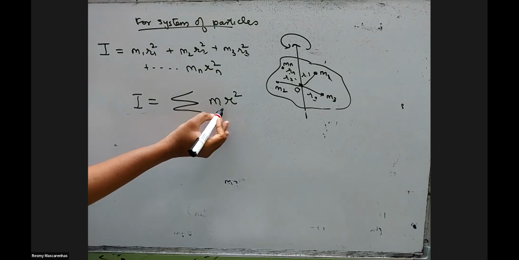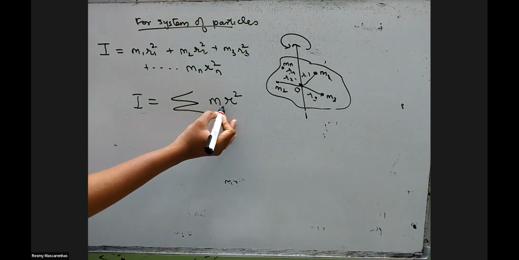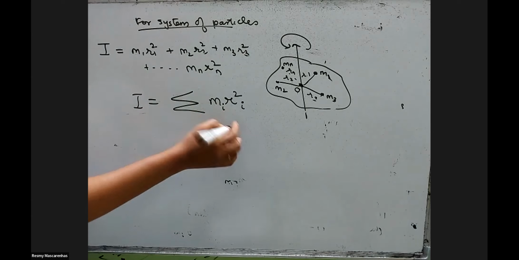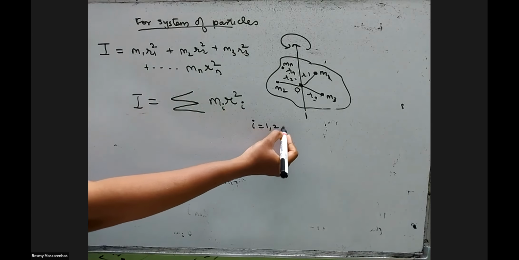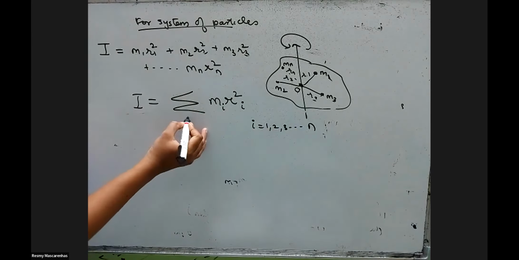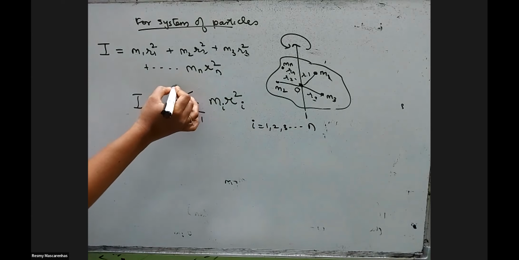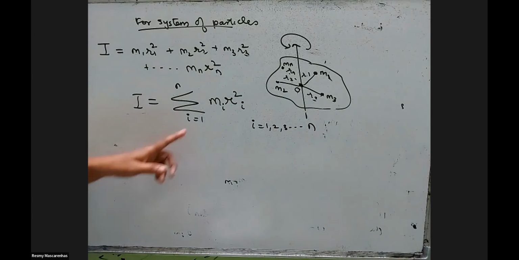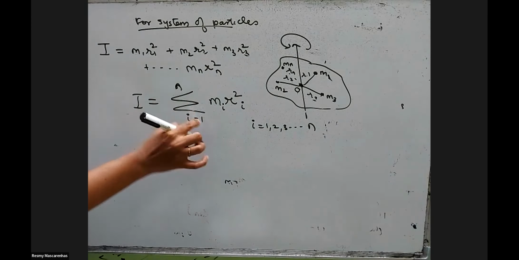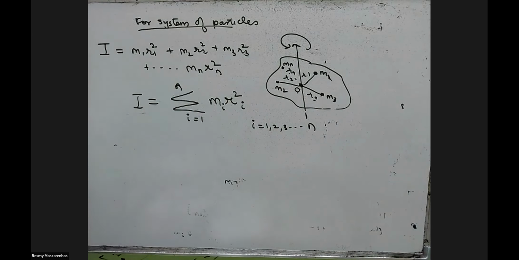So we generalize it with some letter i, because i will go from 1, 2, 3, up till n. i is going from 1 to n. Either you write it here like this, or I can write it on the side. i is from 1 to n, starting with 1, ending with n.